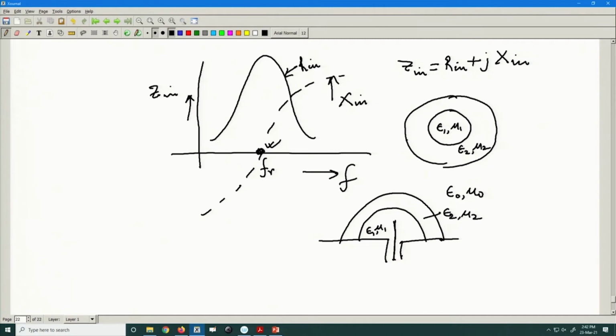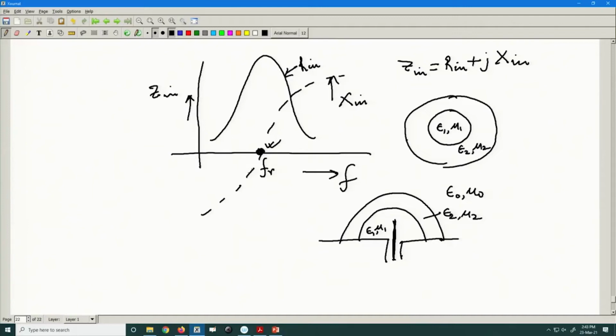So, normally this resonance frequency is the loaded resonant frequency, that is with the excitation of the probe, the source included. So, we have included the source in the problem.